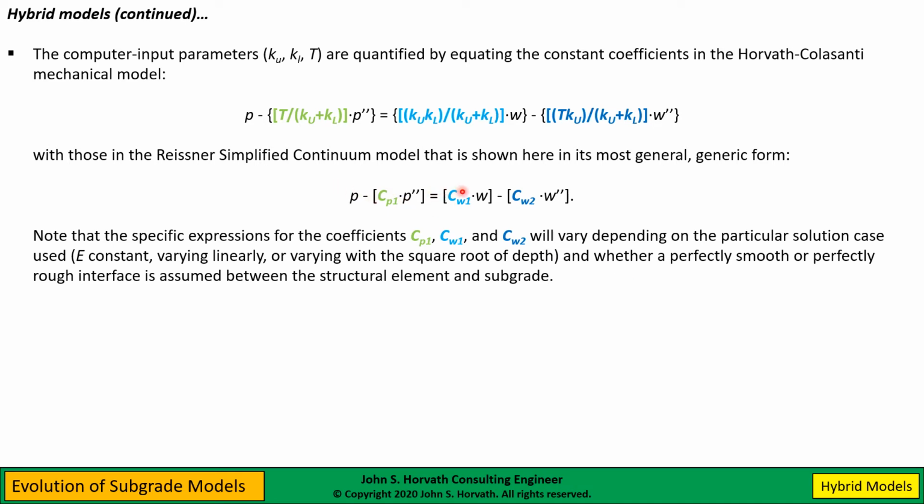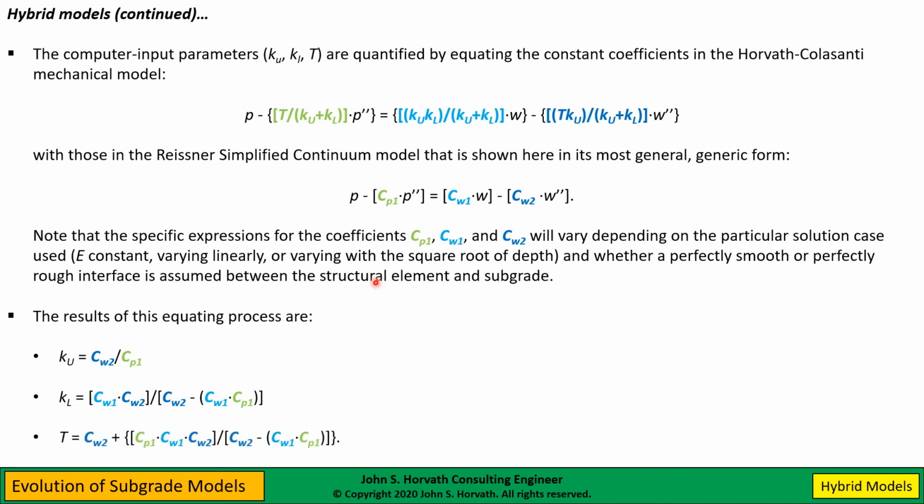So how exactly we populate these three parameters here will depend on the particular solution we're using. The results of this process are that we see how we can quantify the spring layers and the tension membrane in terms of these parameters that come from the Reissner simplified continuum.